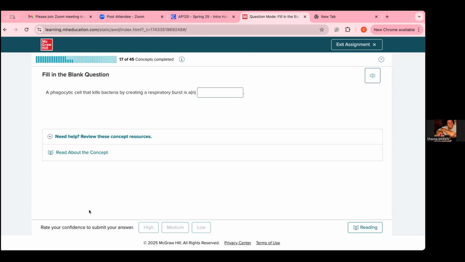A phagocytic cell that kills bacteria by creating a respiratory burst is a neutrophil.